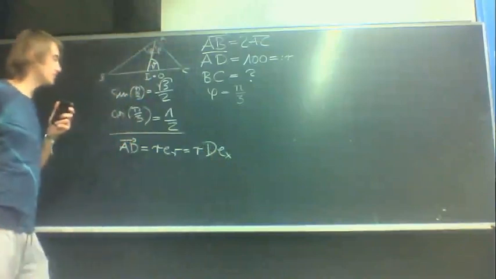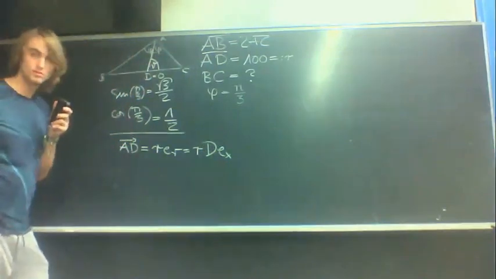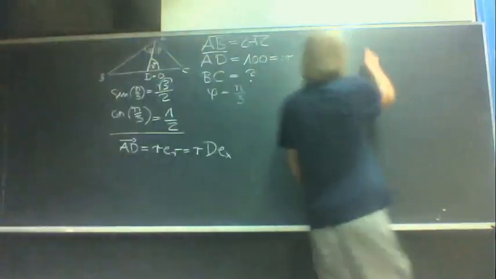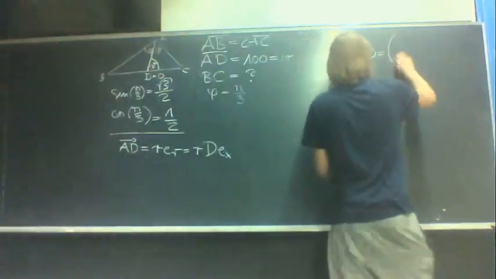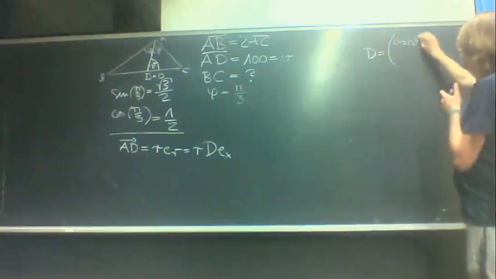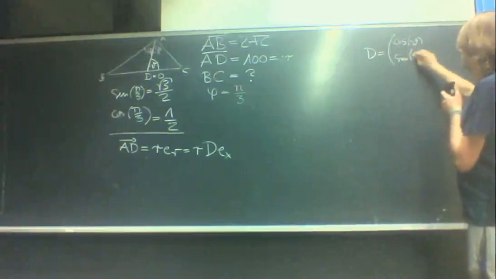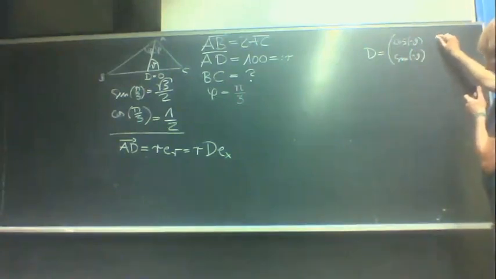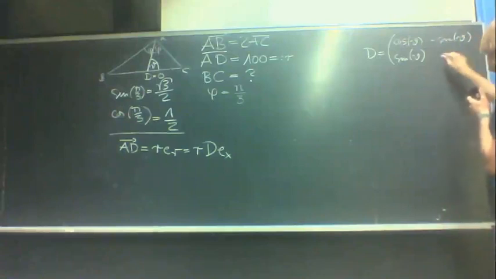This rotation matrix D will just be cosine of theta, sine of theta, minus sine of theta, cosine of theta.